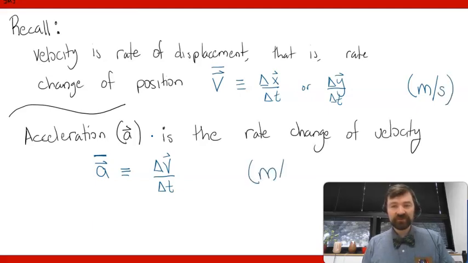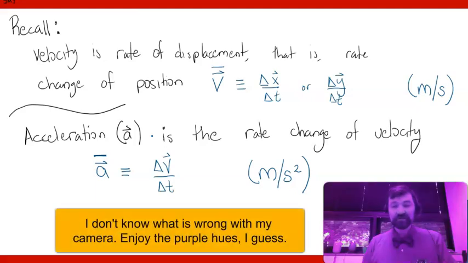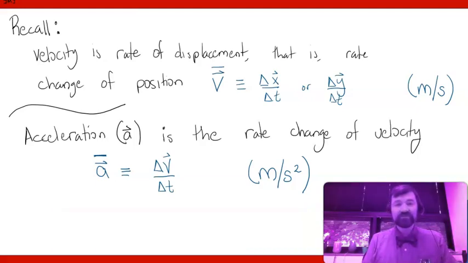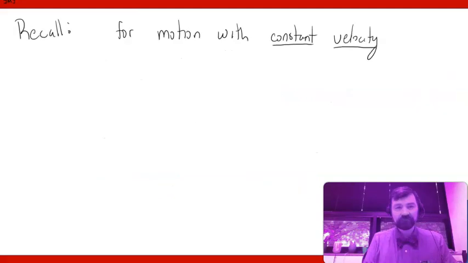Acceleration is given in meters per second per second, or in other words, meters per second squared. They are not describing the same thing. Now they are related to each other. This equation relates them. By analogy to the motion with constant velocity video, we can get a relationship between velocity and acceleration.